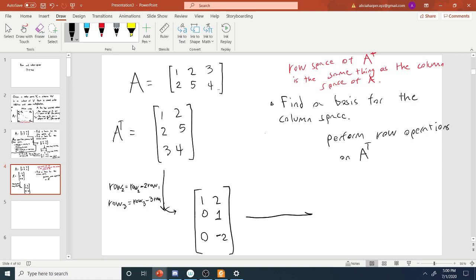Next thing I'll do is I'll set row 3 to be equal to row 3 plus 2 times row 2, and I'll set row 1 to be equal to row 1 minus 2 times row 2.